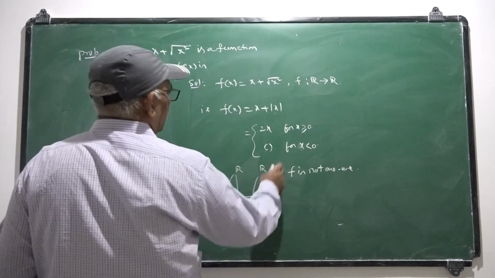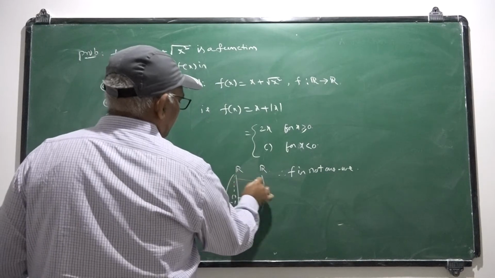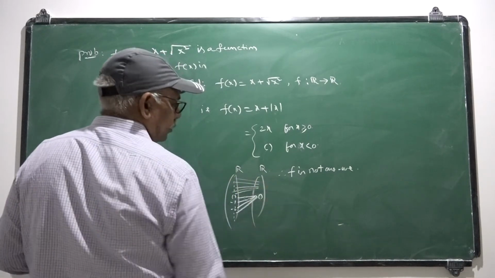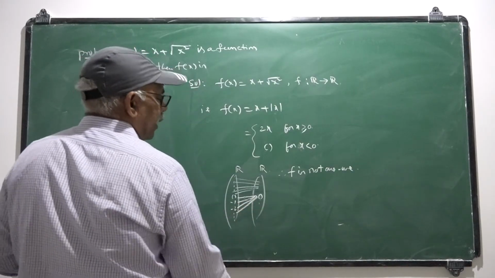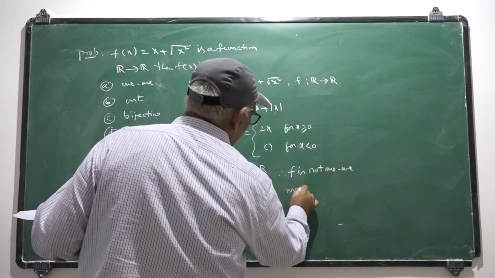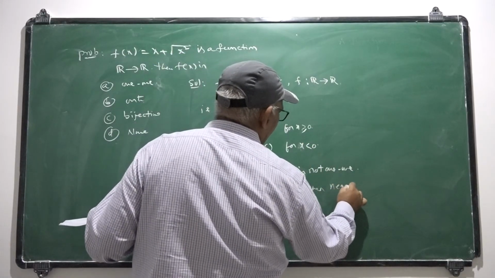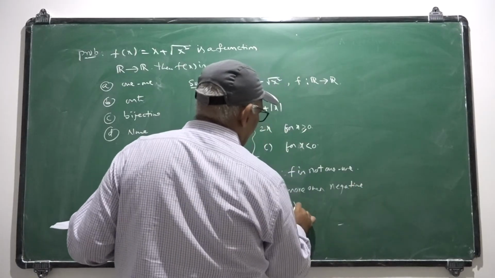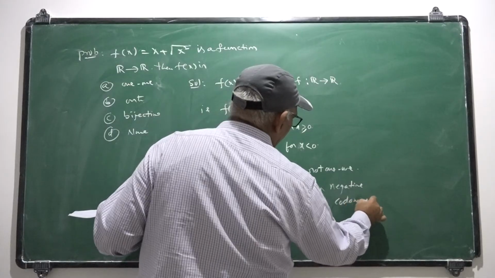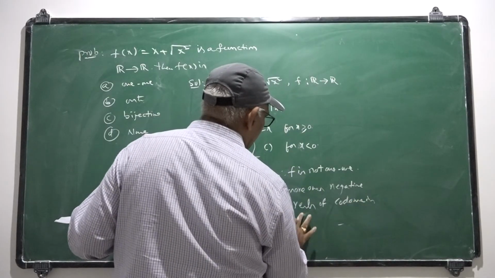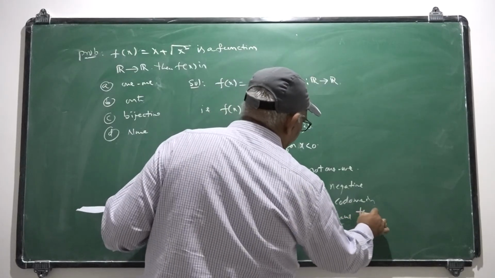Moreover, for x being positive, 2x is positive. All the positive values are mapped to positive reals. The negative reals do not have pre-images. Moreover, from the definition, negative reals of codomain do not have their pre-images.